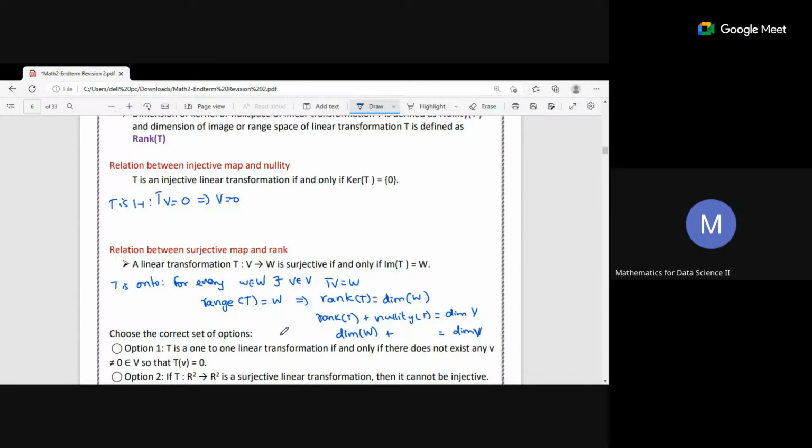This is the case when T is an isomorphism. I'm combining both now. Here nullity is 0 and rank of T is dimension of W. So when you have both injection and surjection, you end up with dimension of V equal to dimension of W. Okay, fine.